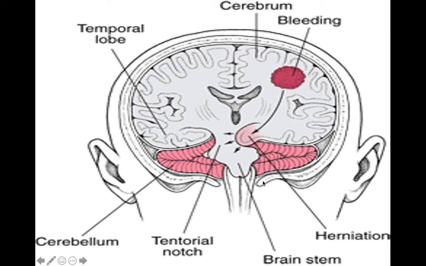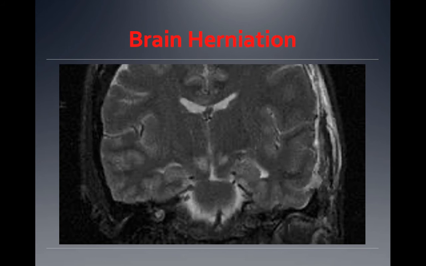So again, here's the herniation that is occurring. There's the cerebellum, and it's pushing into here. And you can see here, another big hernia bleeding here. And here's the herniation here.